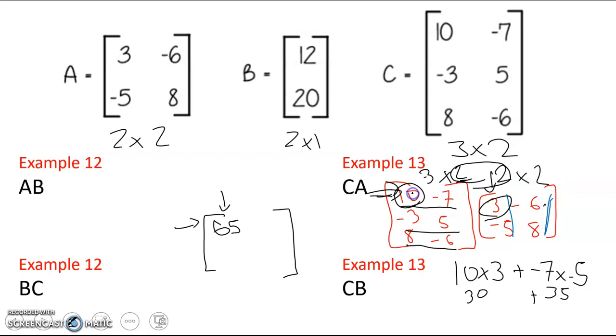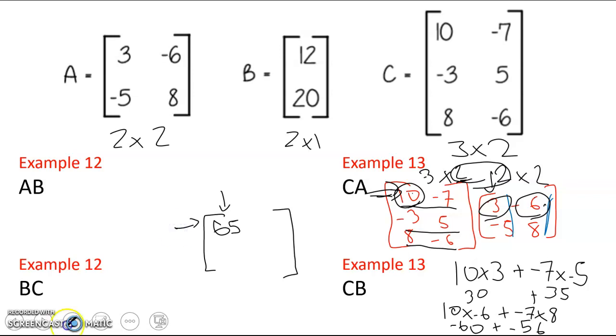And so essentially, let's do this. We do 10 times the negative 6, and we're still adding negative 7 times 8. You get a negative 60 plus a negative 56. You get yourself a negative 116. Remember, we're adding in the first matrix.